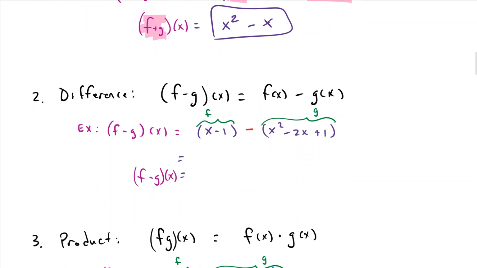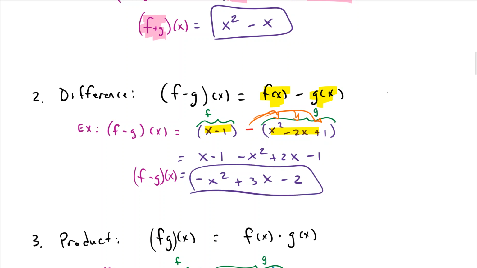So we are used to writing it this way, f minus g. And if we plug in f here and g there, then we can distribute the negative through. And what do we get? We have x minus 1 minus x squared plus 2x minus 1, which is negative x squared plus 3x minus 2.